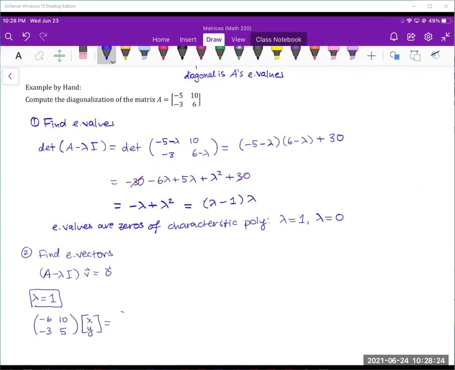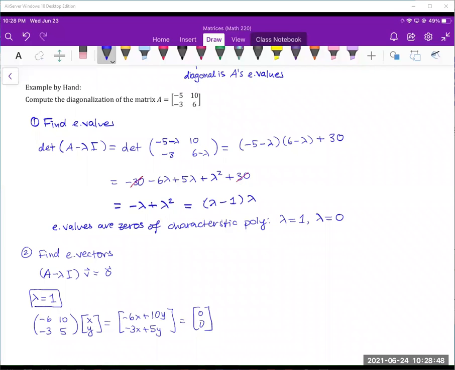So we've got negative 6x plus 10y, negative 3x plus 5y equals 0. We can see pretty easily that the second equation is just half of the first.